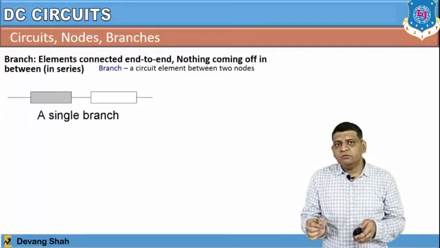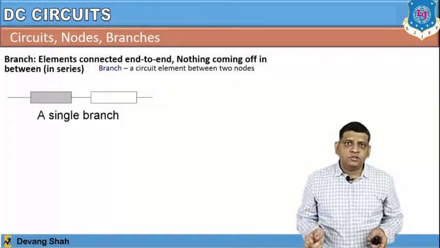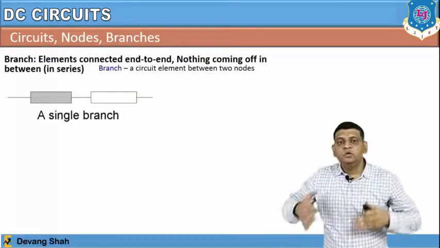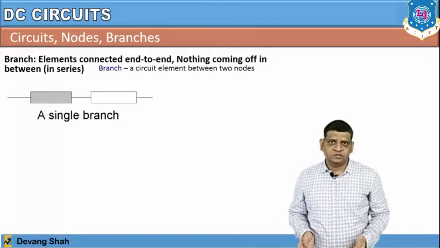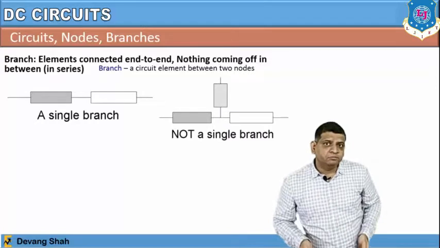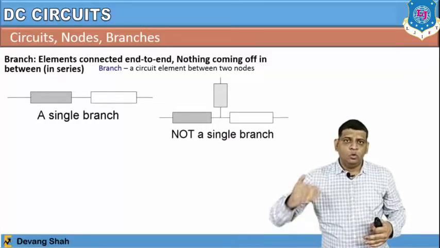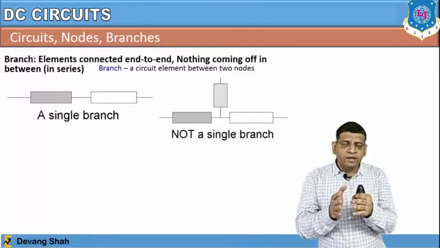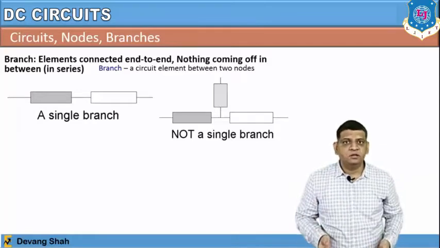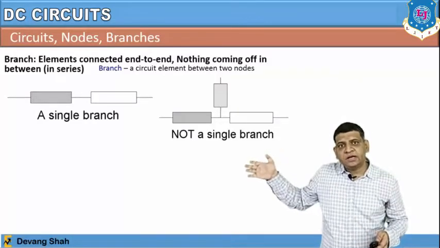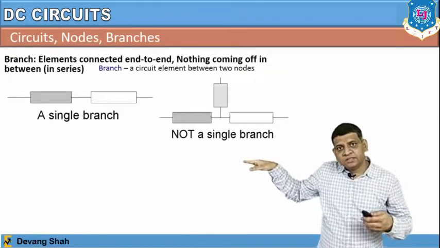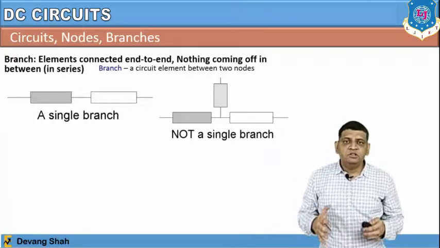Even if you consider one component, that's the end-to-end point of this component. Once you connect the end-to-end points of a component in a circuit, you define this as a branch, right? You can also add more components, and obviously this is a series combination. In the same way, if you add one component at one wire, another component at another wire, and a third component at a third wire, these three wires are considered branches. Here there are three components connected as individual wires, but they are connected at a single point, so you can consider these three components as three branches.